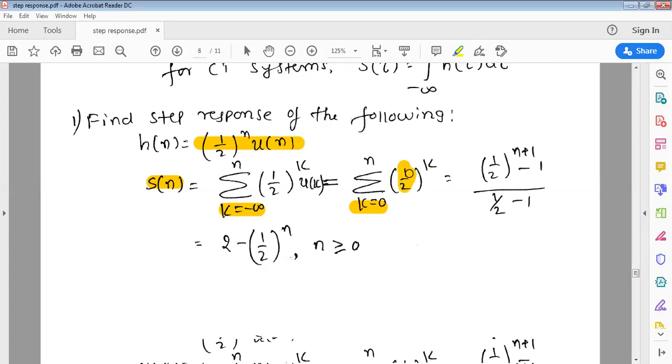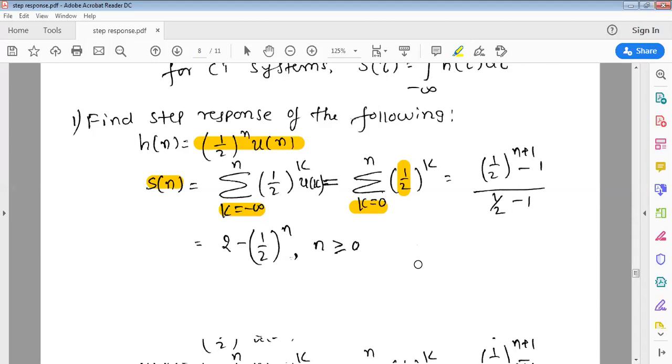What is a here? A is 1 by 2. I have used the sum to n terms of a GP. That's all. This is what you have done in Z transform, no? Same Z transform formula I'm using. Summation a power k is a power n plus 1 minus 1 by a minus 1, where a is 1 by 2 and n is the upper limit of the summation. That's all I'm doing.